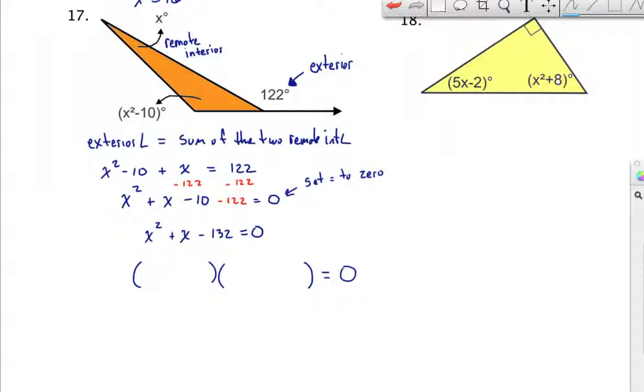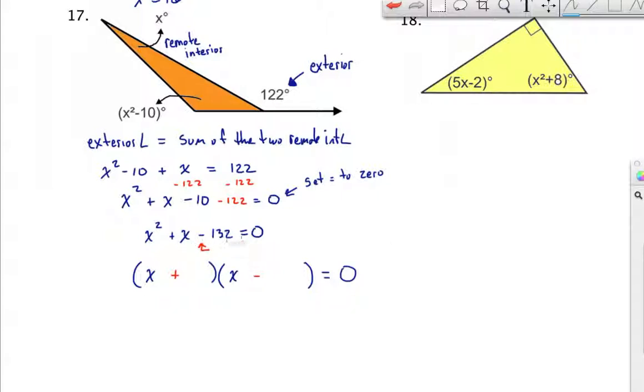So what are the first two terms going to be here that gives me x squared? X and x, right? And then we're going to have a plus and then a minus. Why? Because it's negative 132, but x is positive. Exactly.